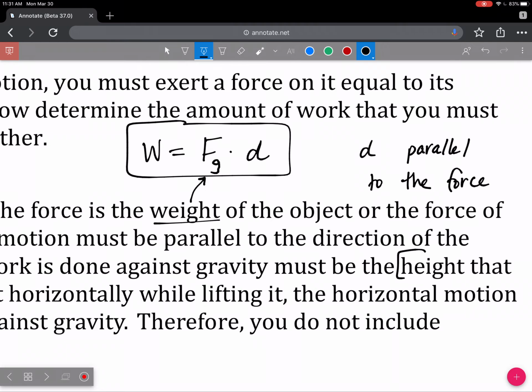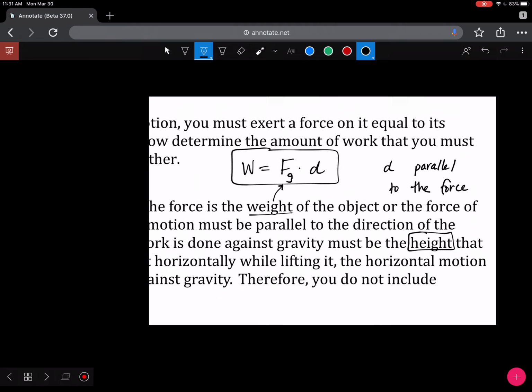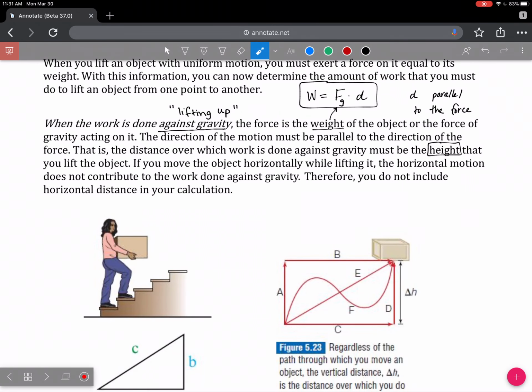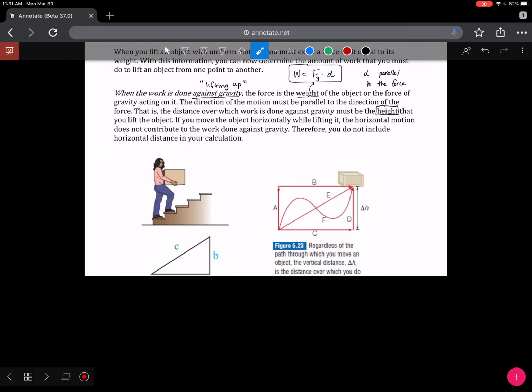So we only focus in on the height that the object was lifted. If you move the object horizontally while lifting it, the horizontal motion does not contribute to the work done against gravity. Therefore, you do not include horizontal distance in your calculation.